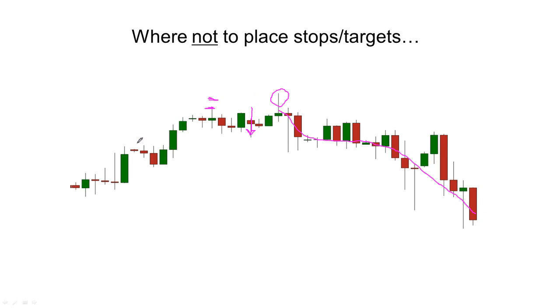So that is a place you don't want to put stops and targets. You don't put them just above a swing high or just below a swing low, okay? Because the market is naturally going to be almost magnetized to go to those areas to find liquidity before it returns in the same trend direction or the direction that it planned on going. It needs to test and find orders. That's what the market does.